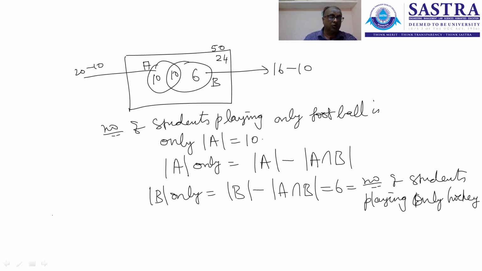Okay, so now what I will do is I will slightly increase the complexity of this example. I take this as example 2. Instead of taking 2 sets, let me take 3 sets here.